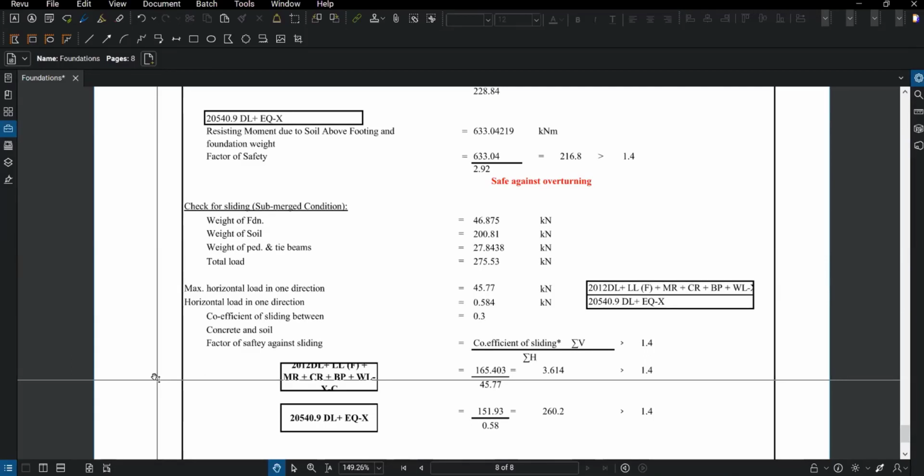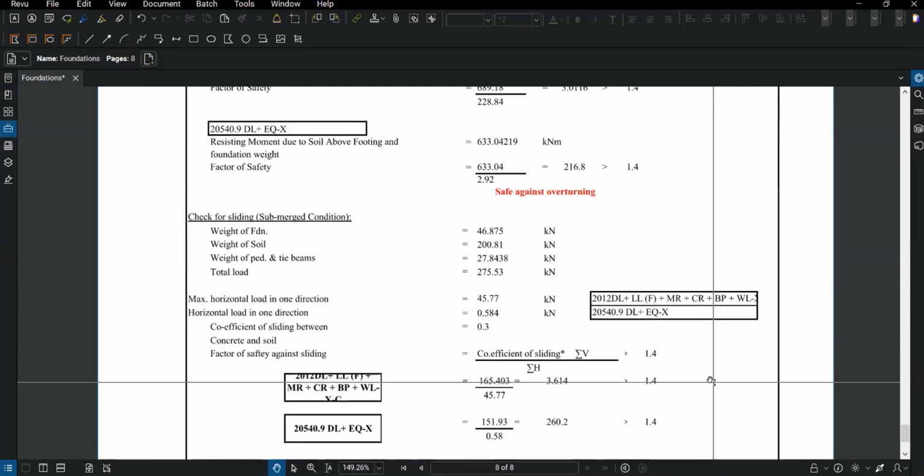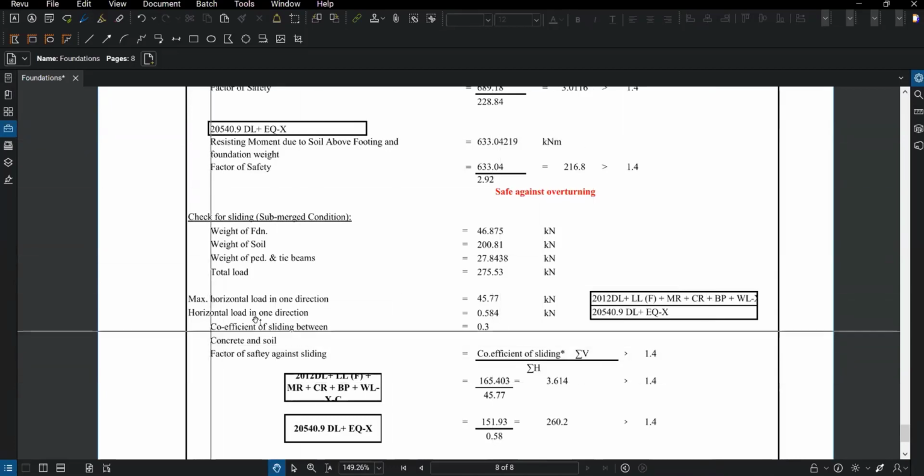So as per the geotechnical report, one can find out the coefficient of sliding between soil and concrete, and accordingly check the exerted horizontal force on the foundation, and the total foundation load, the foundation and the soil and the pedestal and the tie beam, whatever, the total load multiplied with the coefficient of sliding between concrete and soil, and then calculate the factor for sliding.